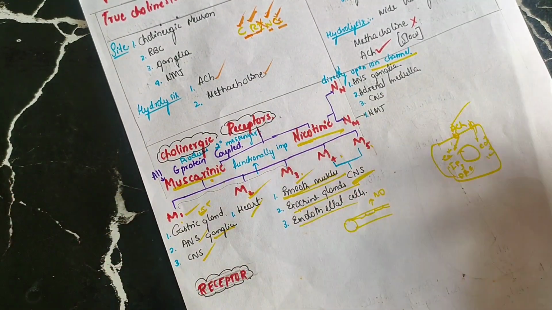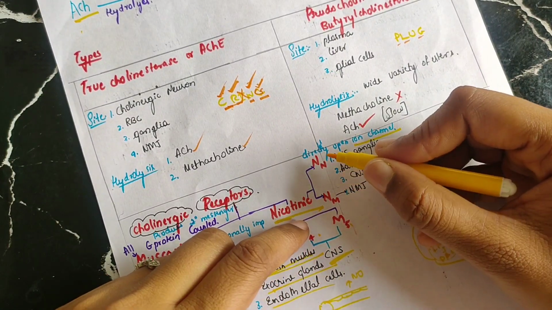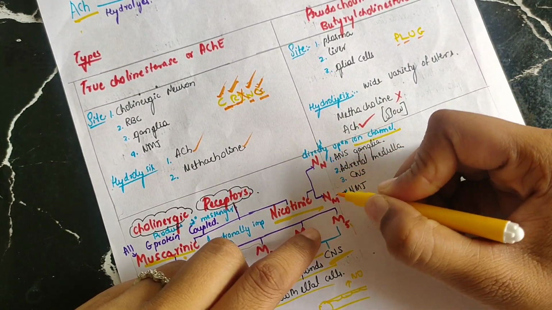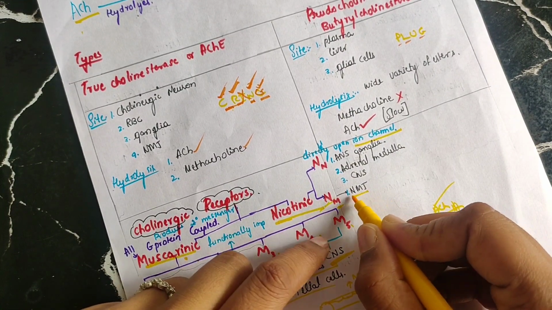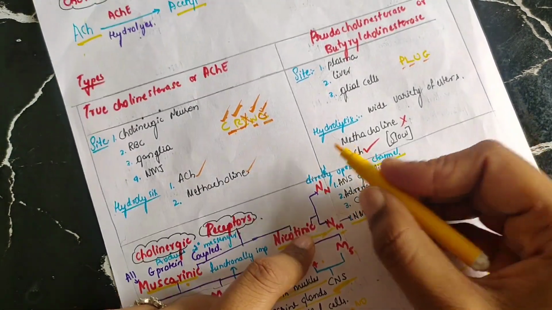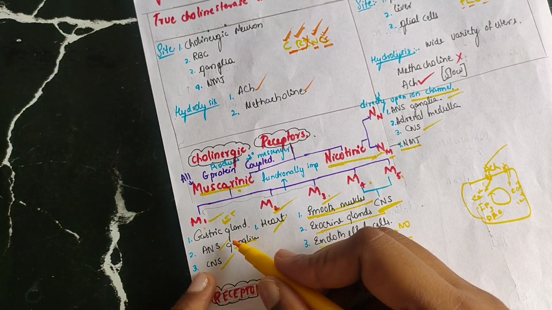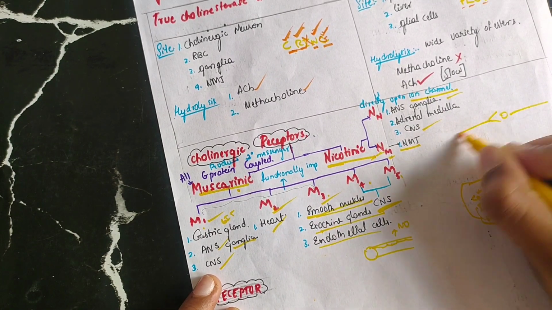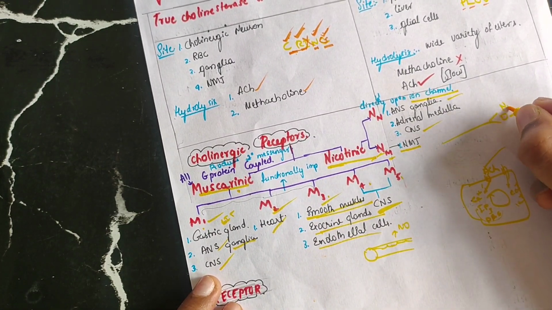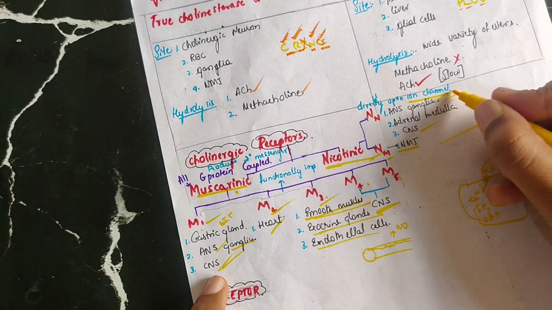M4 and M5 in the CNS, whereas nicotinic receptors are further subdivided into 2 groups, that is NN and NM. NM, as the name says, neuromuscular junction, near the neuromuscular junction NM receptors will be there, whereas NN in the autonomic ganglion and CNS. In the autonomic ganglion, both N receptors are there and M1 receptor is also there, in the CNS and autonomic ganglion.